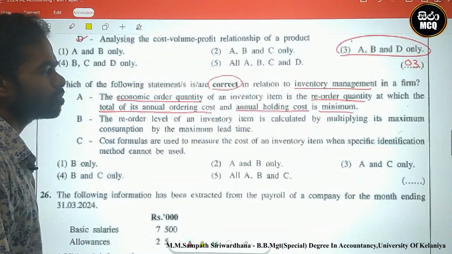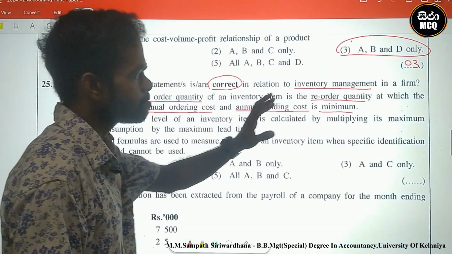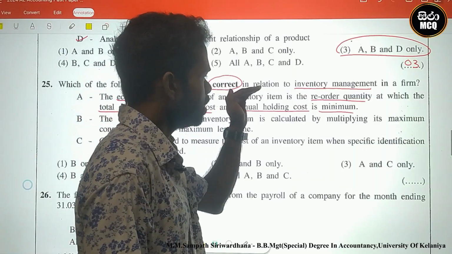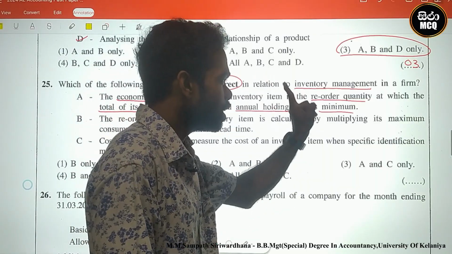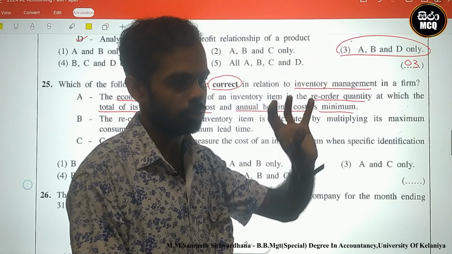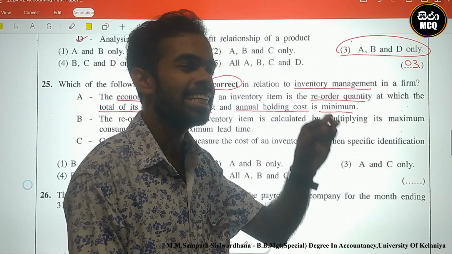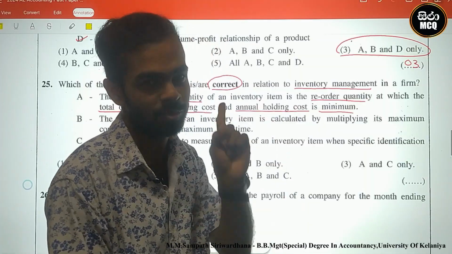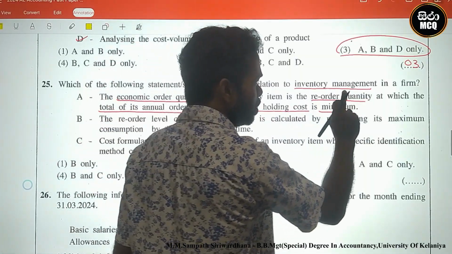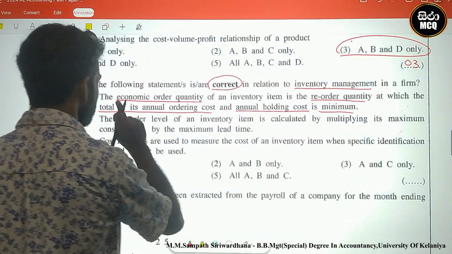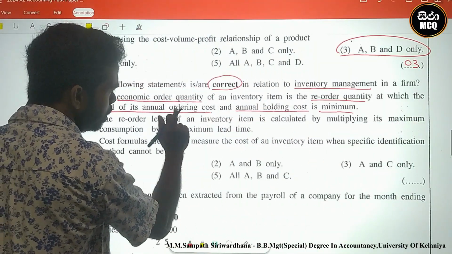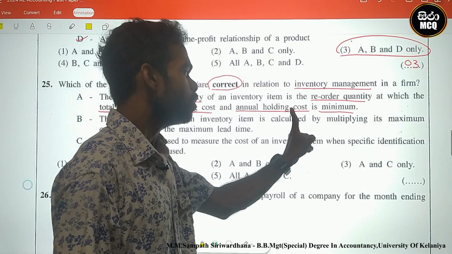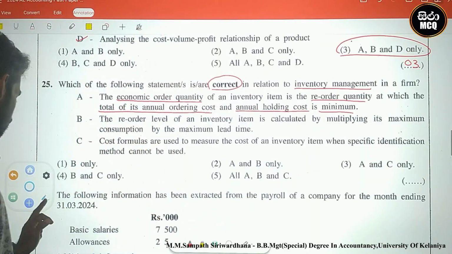They say economic order quantity of an inventory item is the reorder quantity. You know, there are so many reorder quantities, and among them one quantity is the EOQ. It is the reorder quantity at which the total of its annual ordering cost and annual holding cost are minimum.